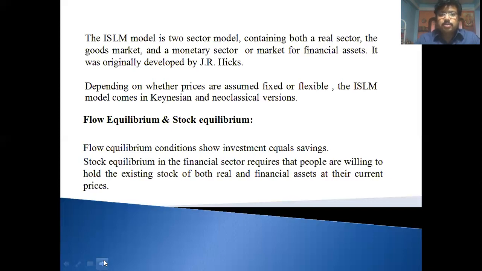Suppose people are saving, but they are saving in bonds or assets that were created in the past.